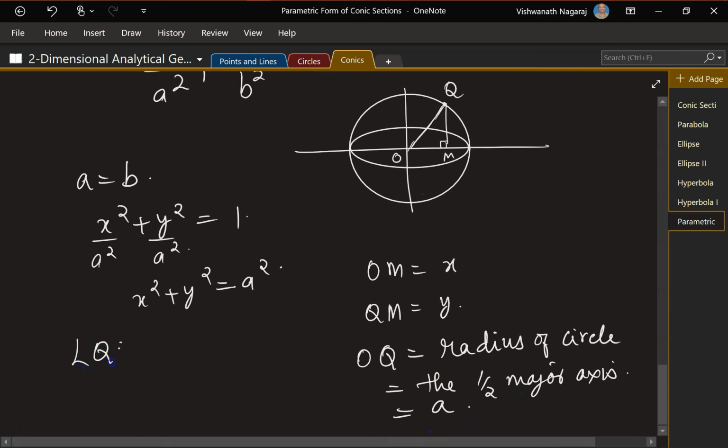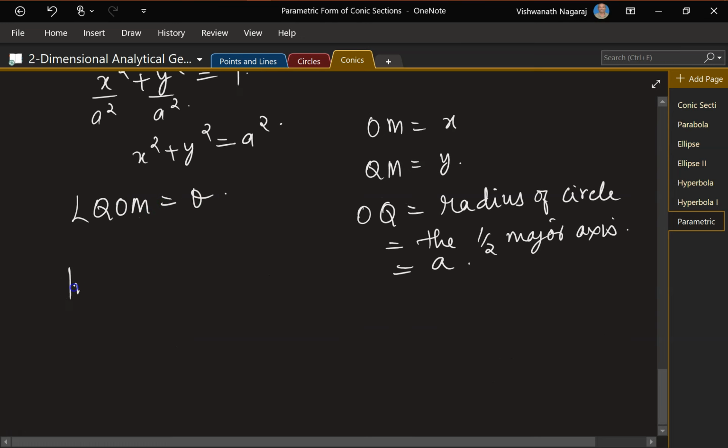Now angle QOM is equal to theta. Now in triangle QOM, let's look at OM. We are interested in the x value of Q. OM is actually the adjacent side, and adjacent side appears in cos. So cos theta is equal to adjacent side by hypotenuse. Now hypotenuse is the radius, so a.